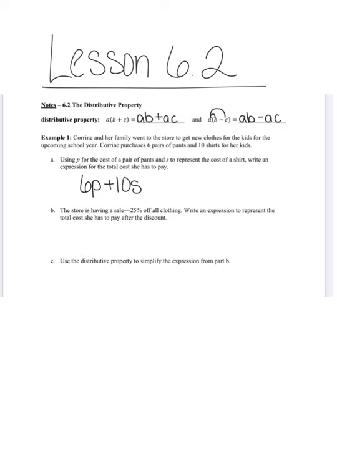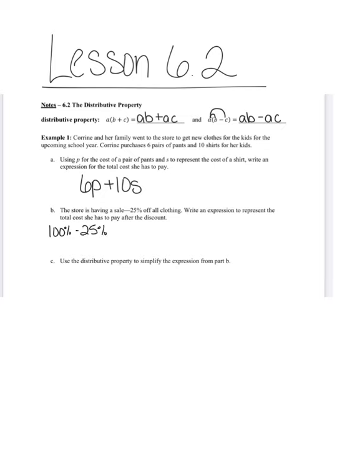And now we learned that the store is having a sale, 25% off all clothing. Write an expression to represent the total cost she has to pay after the discount. So thinking back to the work we did in module 5, if we have a discount of 25% off, we know without that discount we're paying 100%, and we're going to take 25% off.